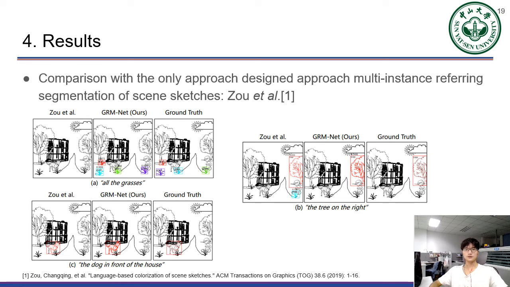From the qualitative results shown above, we can see that Zoe fails in some cases where the expression specifies multiple instances of the same category, like A. In some cases where a single target is specified, like B, it tends to output undesired instances.